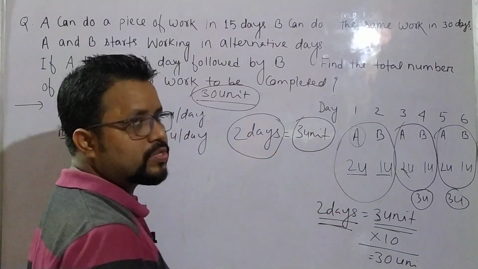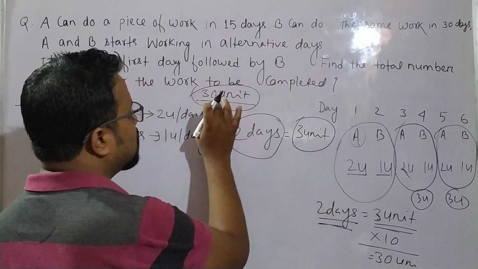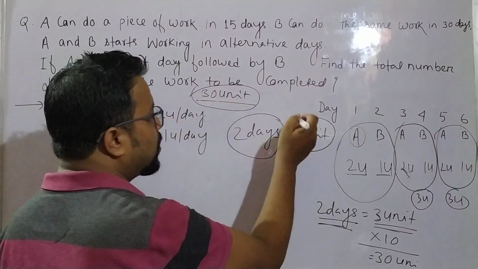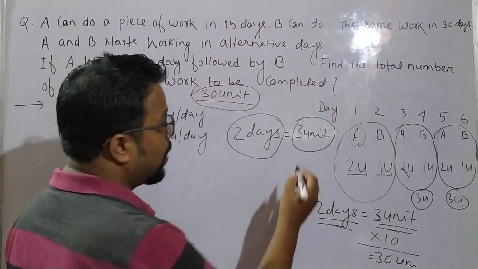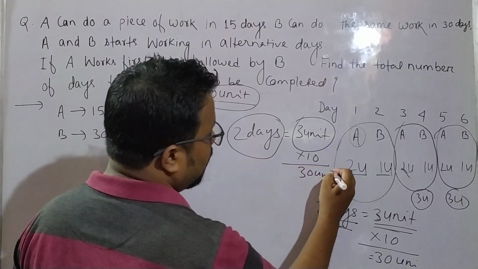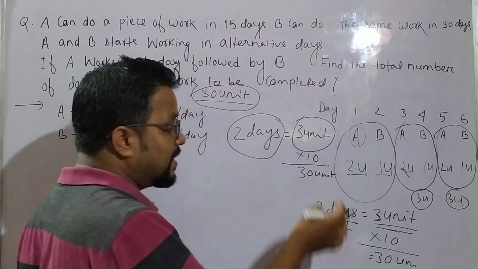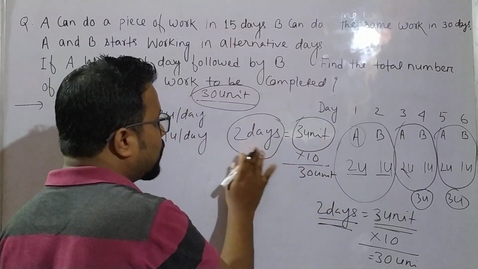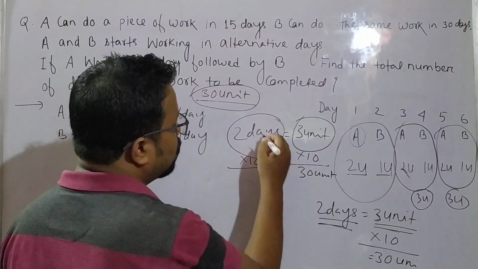Every 2 days 3 units are completed, but we need to complete 30 units. If I am multiplying this with 10, this also I have to multiply with 10.